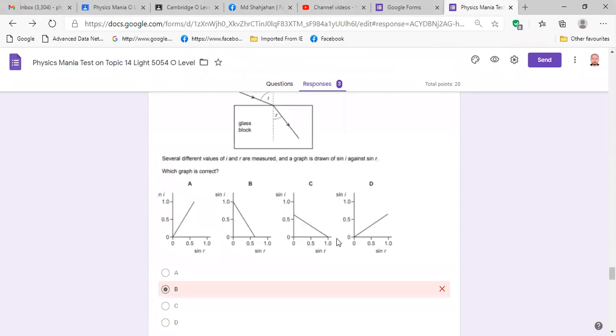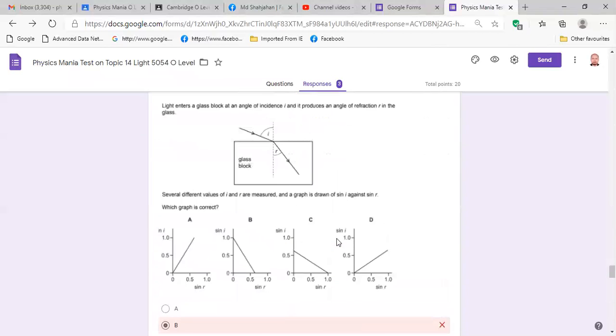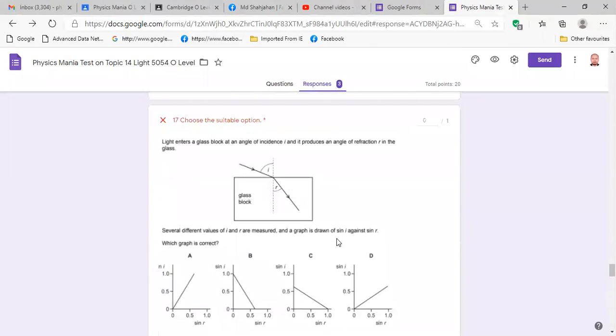Next, this one is a tricky question. This one is a really hard question. You have to analyze this question for a long time, then you can get it. So they are asking here that several different values of I and R are measured, right?